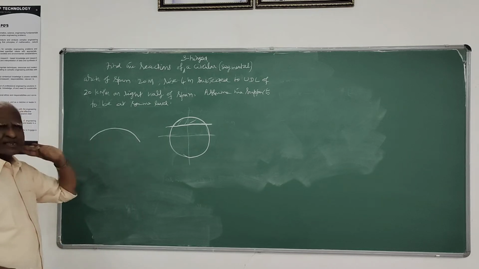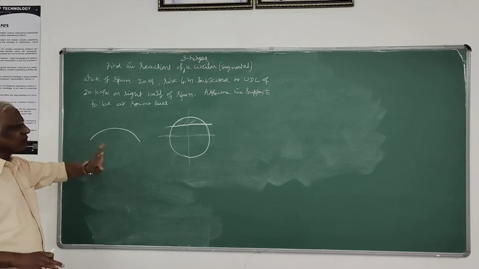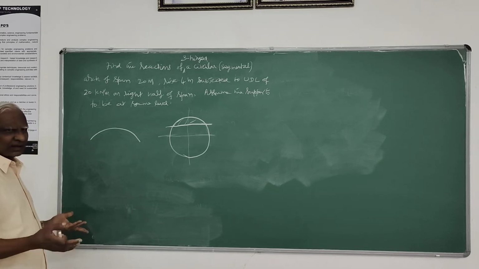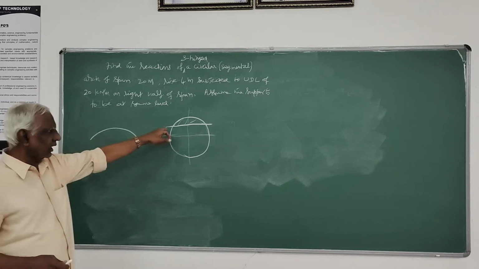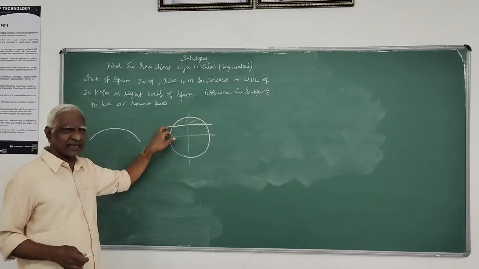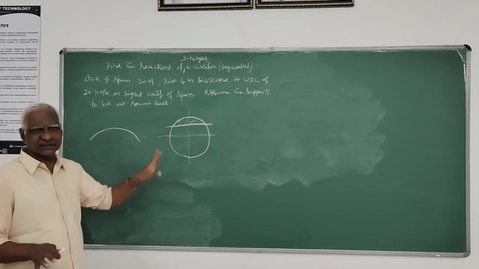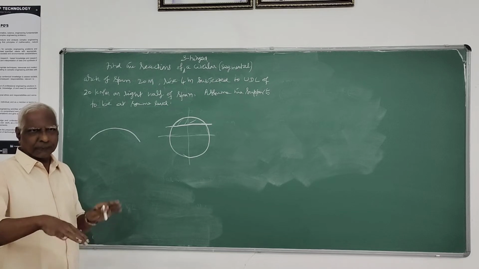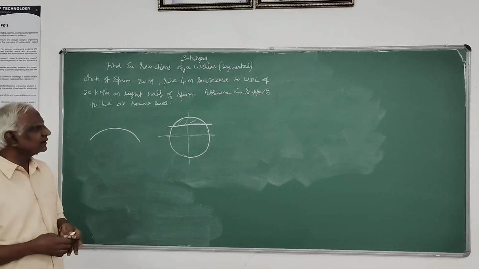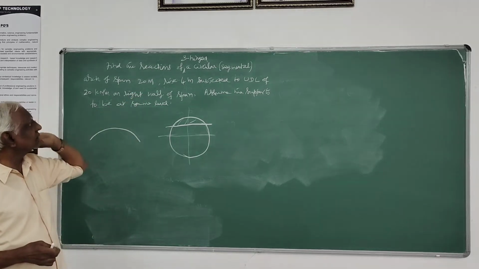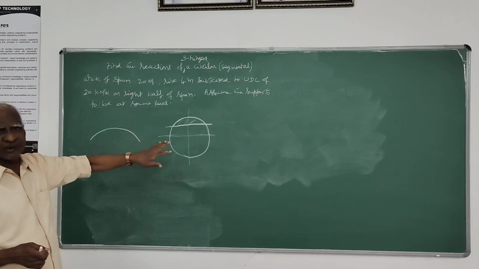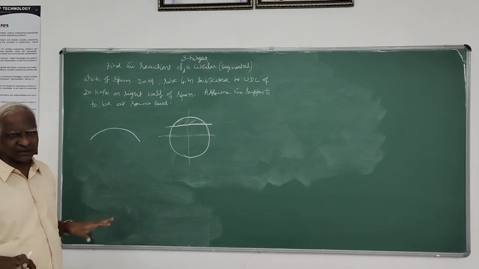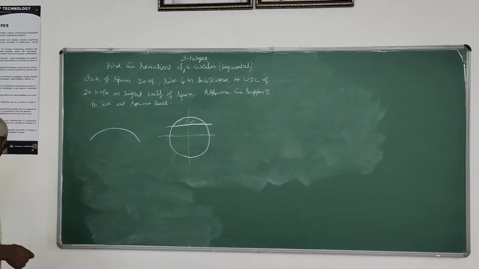A segmental arch, of course, can be at a higher or lower level, but for analysis purposes we take one portion of the arch which is similar to your parabolic arches at the same level. Generally, problems on these circular arches will be only at the same level, nothing other than that.